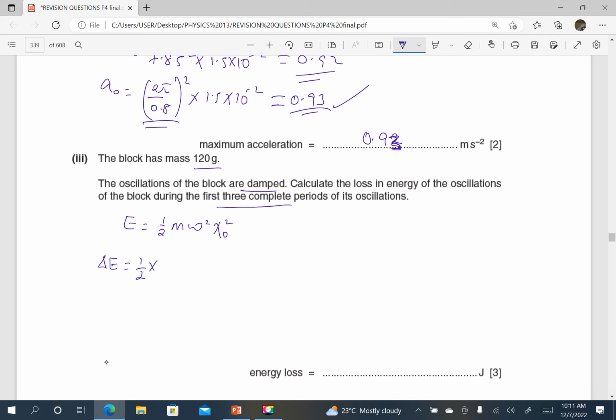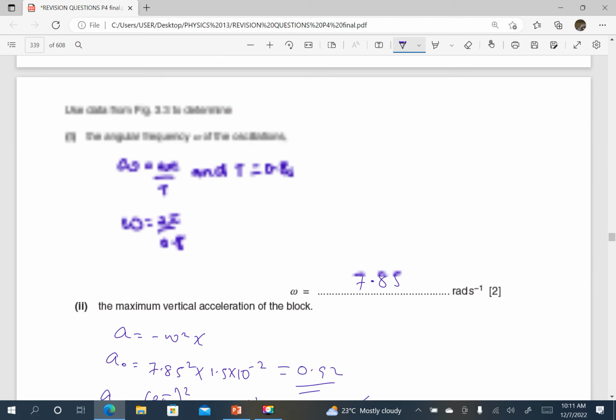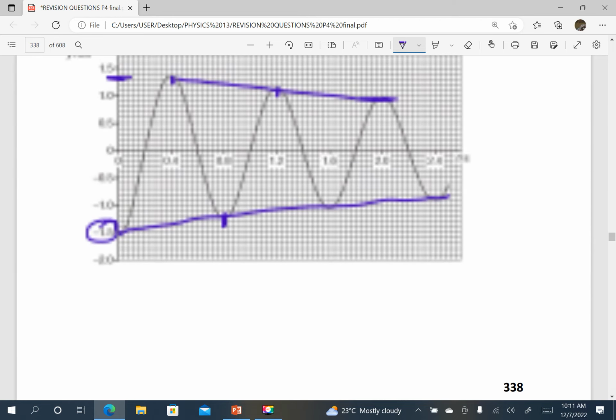The mass is 120 times 10 power negative 3, times, let me use 2 pi over 0.8, squared, as omega. Now the difference in amplitudes: initially it is 1.5, so this would be 1.5 times 10 power negative 2, squared.